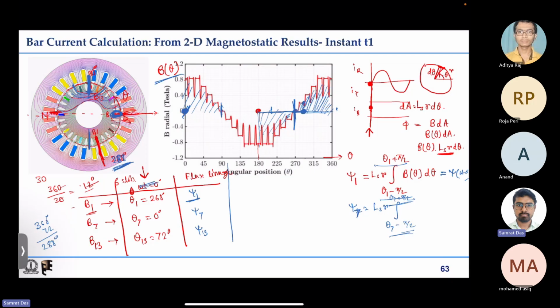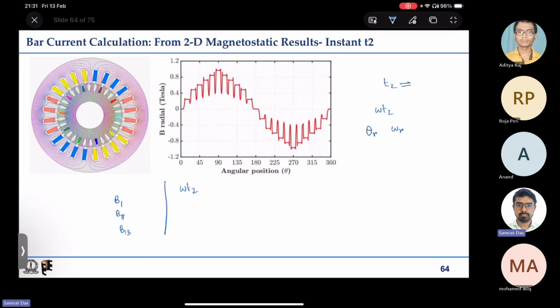All these are basically at omega t equal to 0, and this is the location of the bar. So at omega t2, the angle of a particular bar, say theta i, we are going to write in this column.